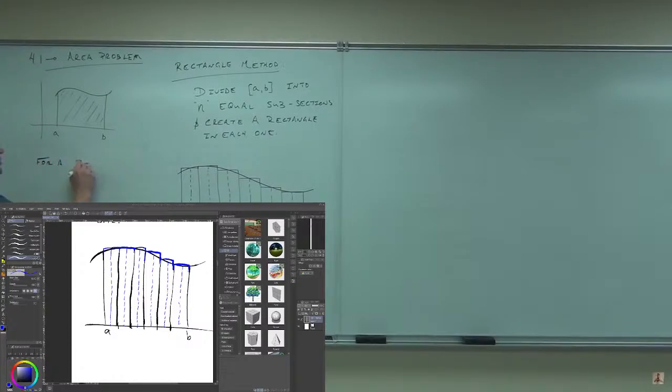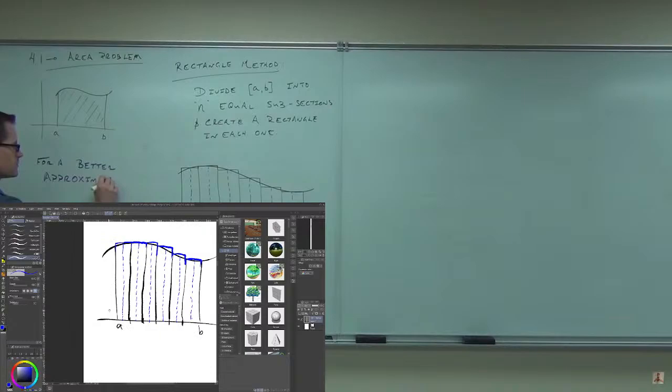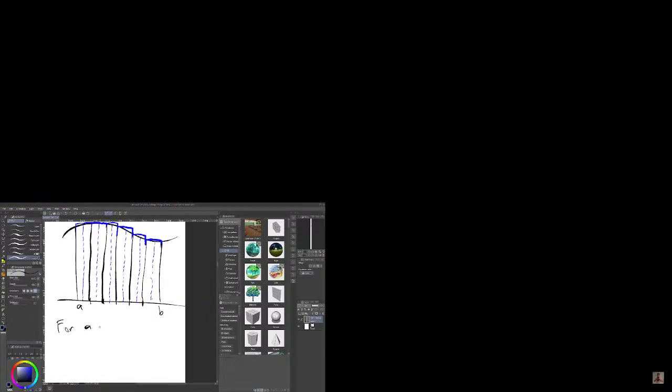For a better approximation, make the space between each interval approach 0.